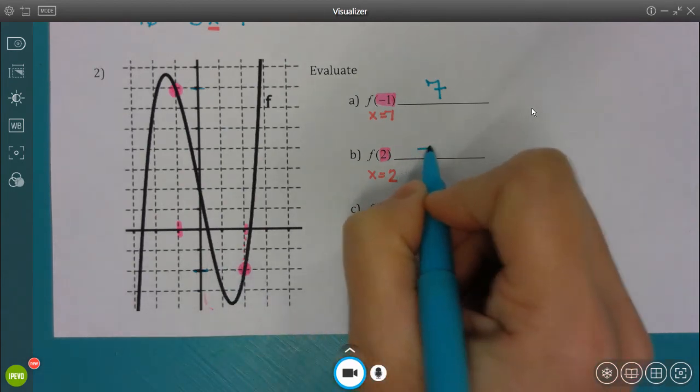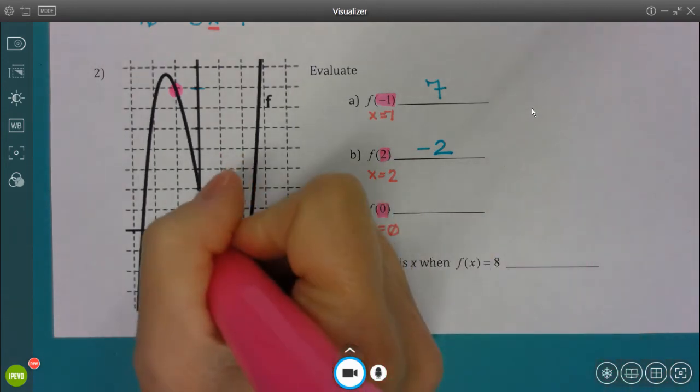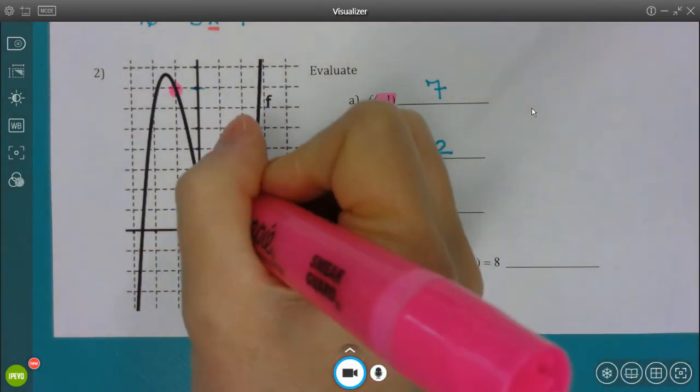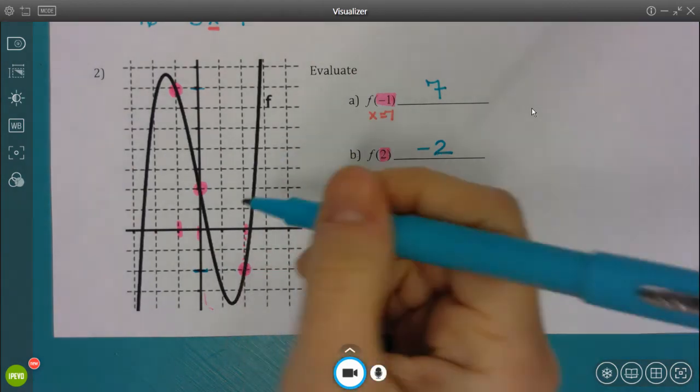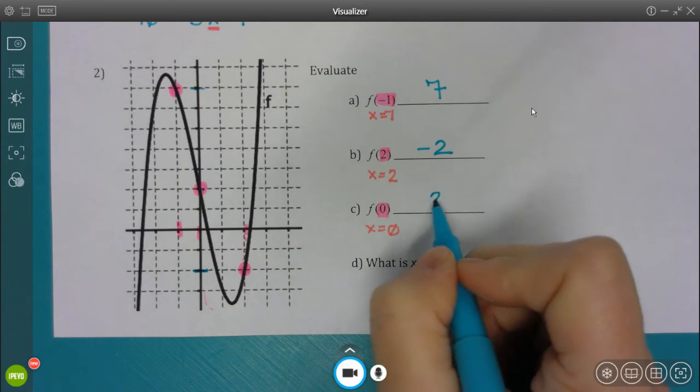So this would be -2. Then I'm going to go to where x is 0 and find my point on my function where x is 0. And that's at a y value of 2.